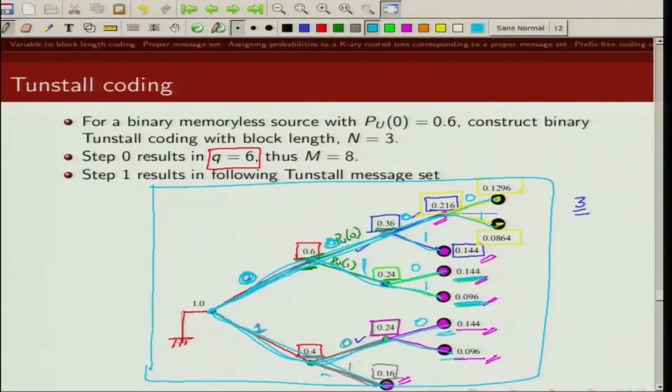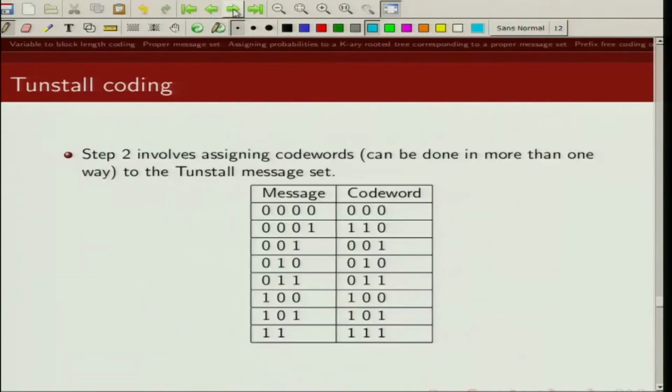This one corresponds to 1, 0, 1, and this one corresponds to 1, 1. Those have been listed here: 0, 0, 0, 0, 0, 0, 1, 0, 0, 1, 0, 1, 0, 0, 1, 1, 1, 0, 0, 1, 0, 1, and 1, 1. These are the parsed messages that I am getting from my trunk-style message set.